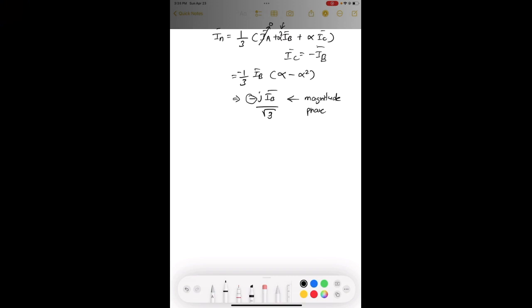So the voltage that will be applied to this series combination will be given as V equals VB bar minus Vn bar.